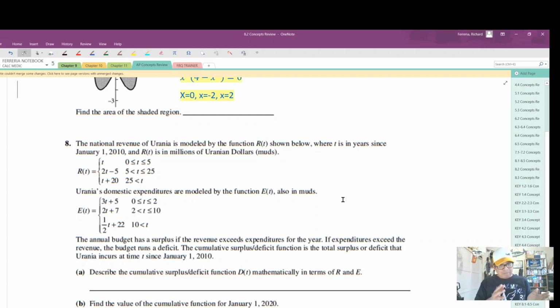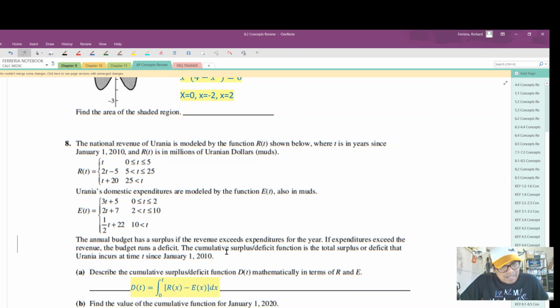Well, that's just going to be R(t) minus E(t), and then we're going to integrate that from year 0, which happens to be 2010, to year t, which is whatever year we're trying to figure out. So that function is the integral from 0 to t of R(x) minus E(x) dx.